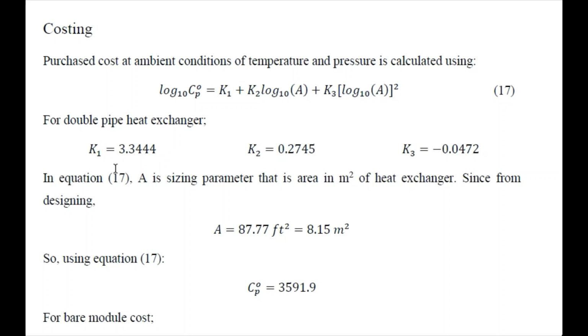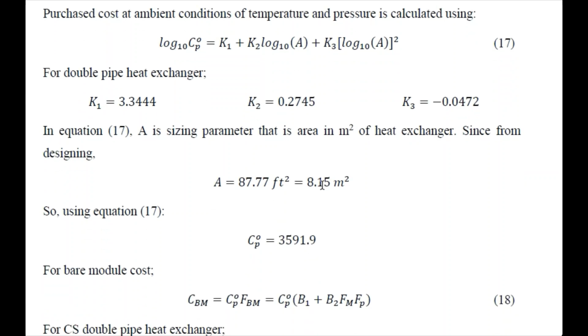Like for double pipe these values will be these. For shell and tube these values will change. Here A is the sizing parameter, which is basically the area of the heat exchanger, which is 8.15 meter square in this case. So we just need to substitute these values and we will obtain the purchase cost at the ambient conditions.